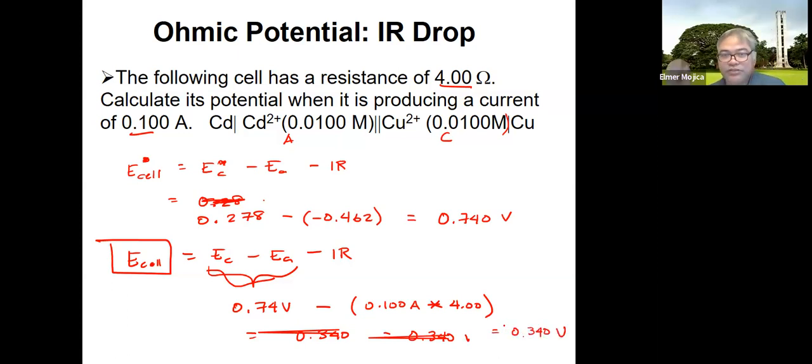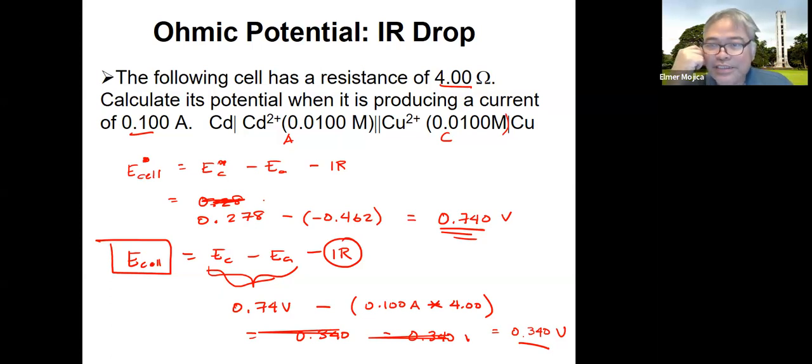So this is just showing you the effect if you have current in the system. Because I said that the presence of current causes a decrease in the potential in a galvanic cell. So this is an example. Without the current, the IR drop, this is its potential. But if you consider the presence of the current and the resistance, its value decreases.